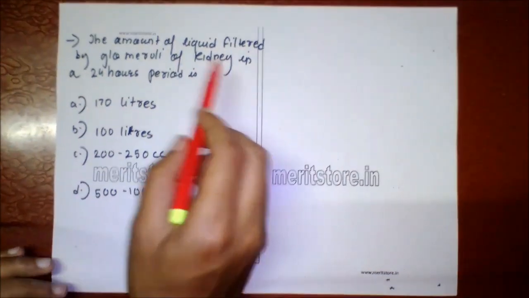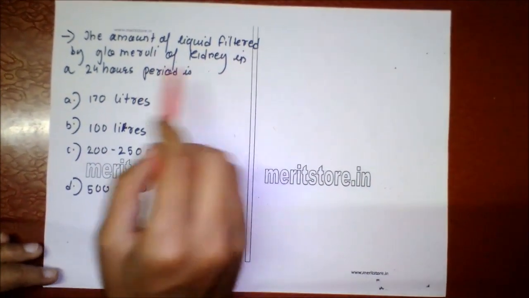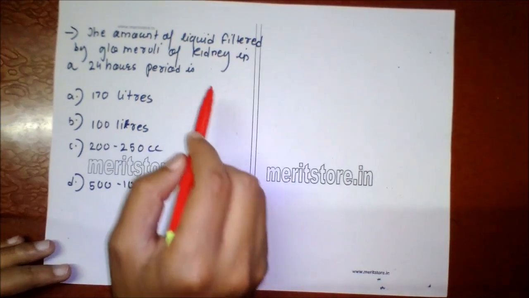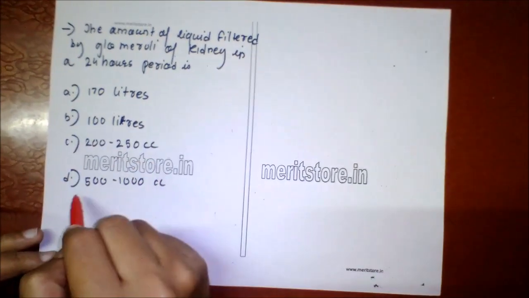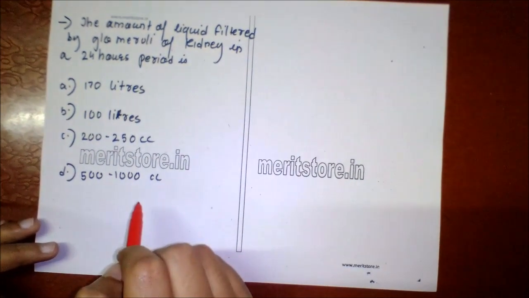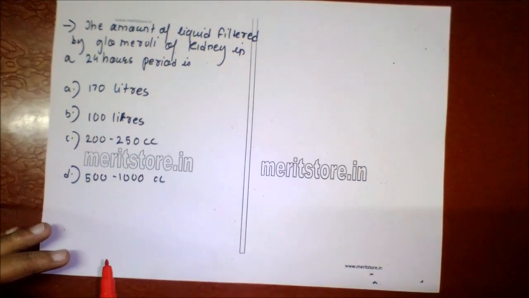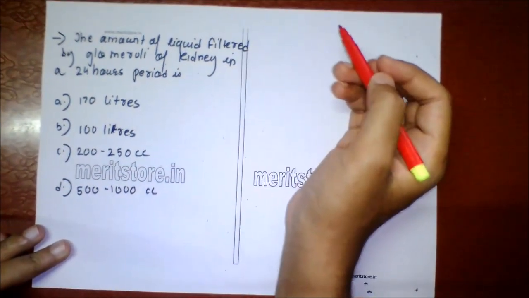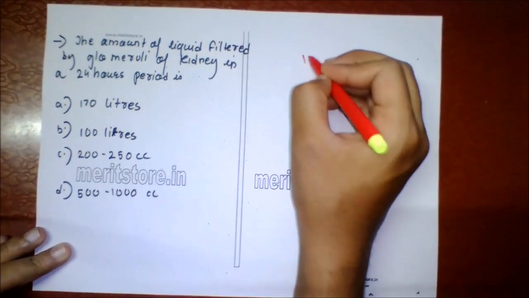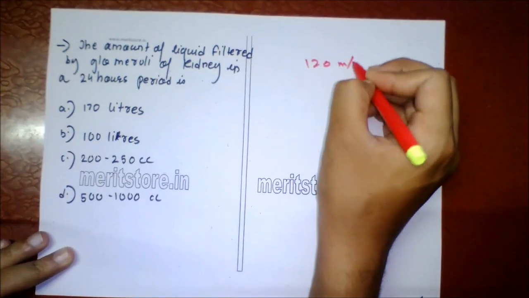The amount of liquid filtered by glomeruli of the kidney in a 24-hour period is A. 170 liters, B. 100 liters, C. 200 to 250 cc, D. 500 to 1000 cc. So in adults, GFR, that is glomerular filtration rate, averages 120 ml per minute.